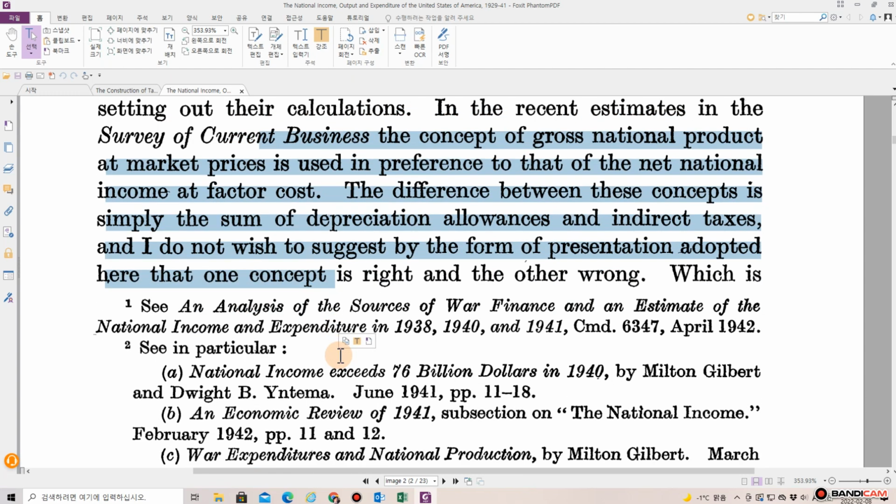The difference between these concepts is simply the sum of depreciation allowances and indirect taxes, and I do not wish to suggest by the form of presentation adopted here that one concept is right and the other wrong.